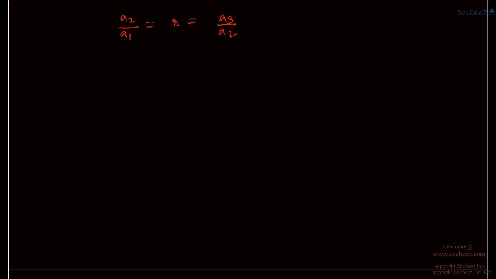suppose I take the logarithm of all these terms of a geometric progression, what do I get? Log A1, log A2, like this, right? Now let us take the common difference, let us just take the successive differences.